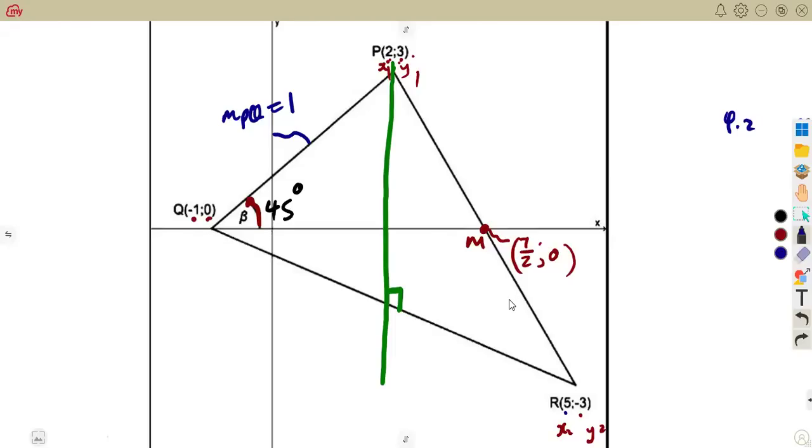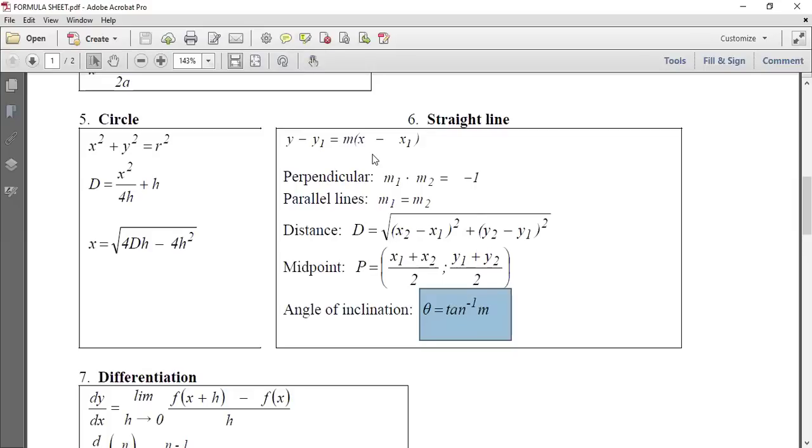So what is the condition for knowing that this line is at 90 degrees? Remember, if two lines are perpendicular, the product of their gradients is -1. You're also given this in your formula sheet, guys. Like I said, everything is given. For perpendicular lines, M1 times M2 is -1, the product of gradients. If they are parallel, they have the same gradient. So in our case, we are talking of perpendicular.